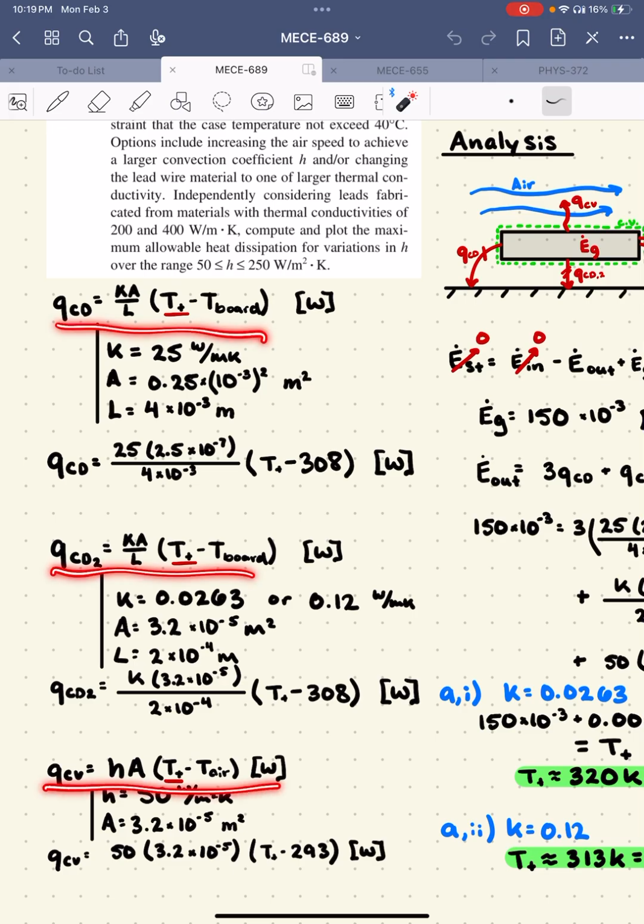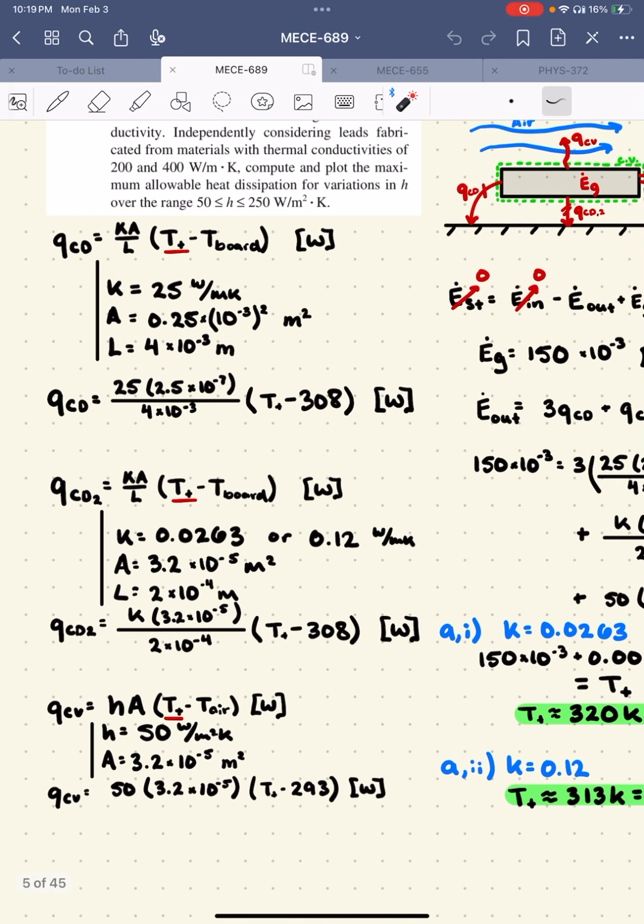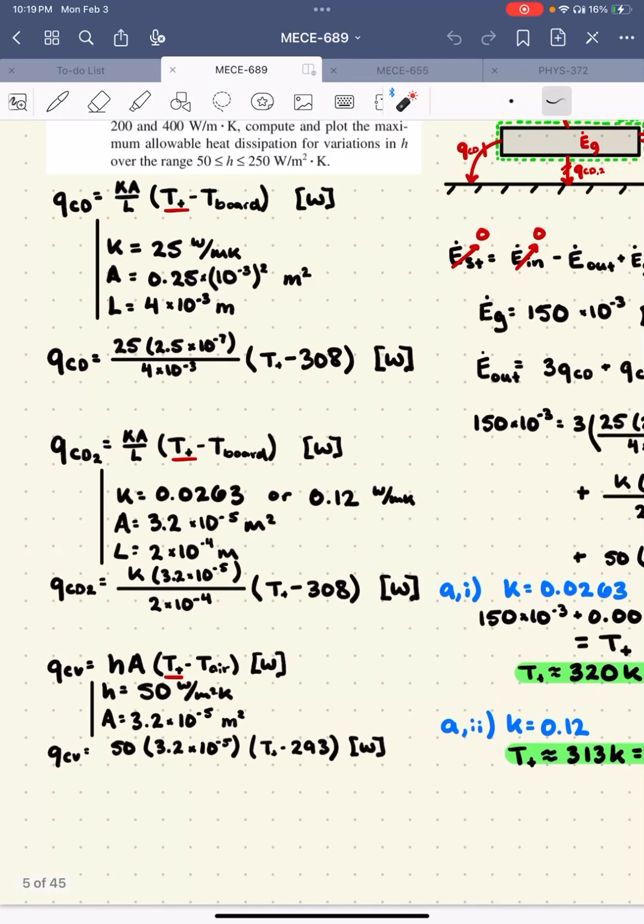So we have our conduction is kA over L times delta T. And filling in the variables here, we get that conduction of the leads is equal to this bit here. And then for the gap, we're going to start out with k equal to 0.0263 watts per meter Kelvin. And so we're given this formula.